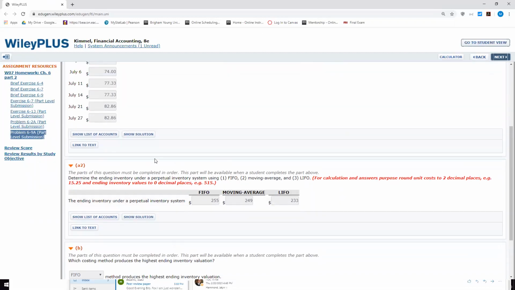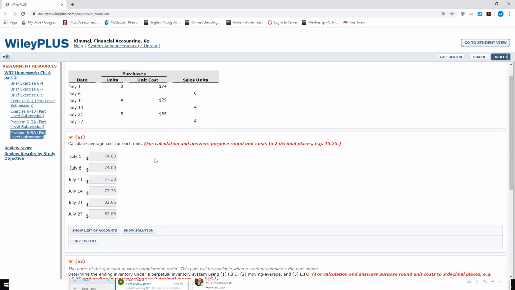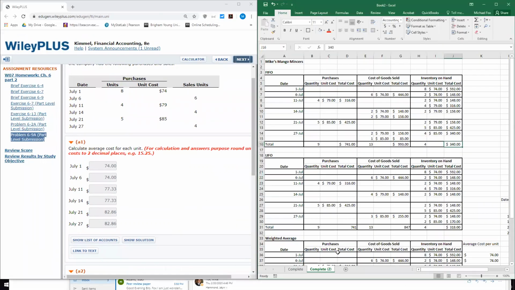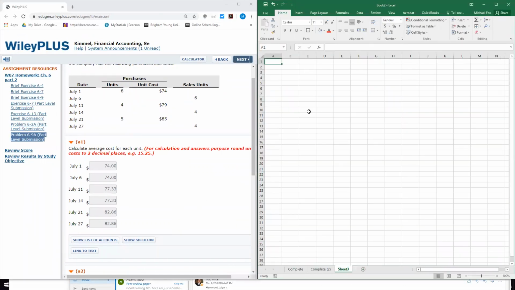I was having a hard time with that one. When you do cost of goods sold, you do the first one that's in for FIFO, and when you do LIFO, the last one that's in. But then when you do ending inventory, it flips. Does that make sense?